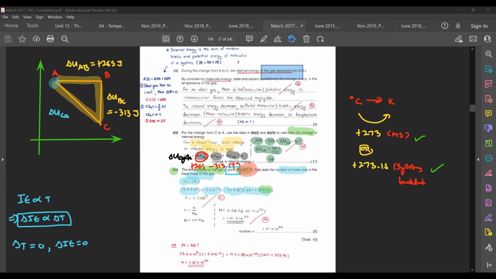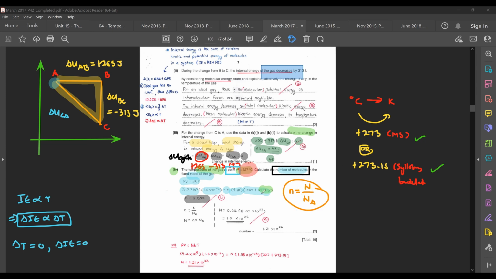So eventually your n, the number of moles, is 0.02, but the question wants you to find the number of molecules. So if you took chemistry before this, or you've gone through ideal gas with your teacher in school before, number of moles is number of molecules divided by your Avogadro constant.